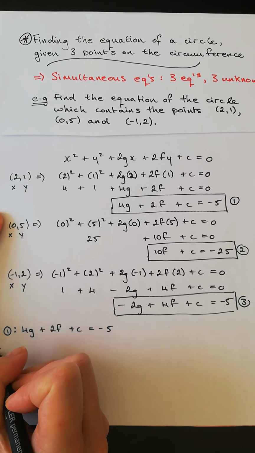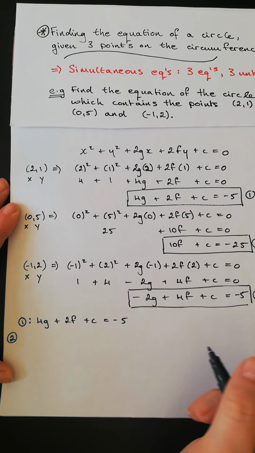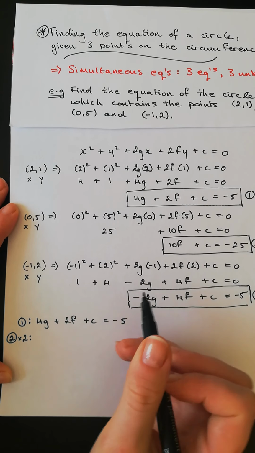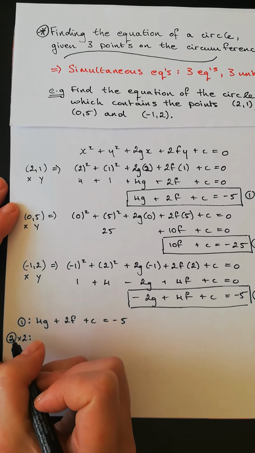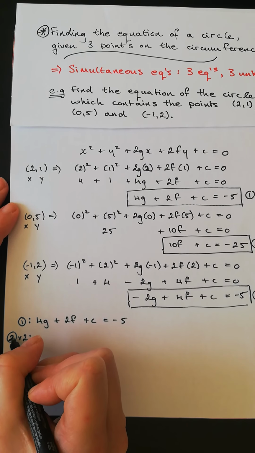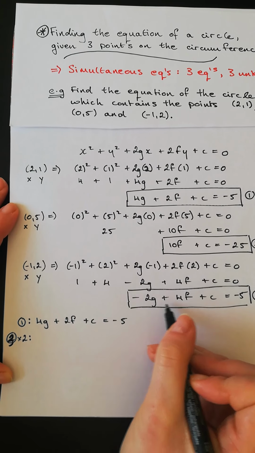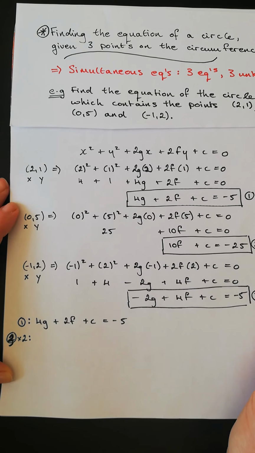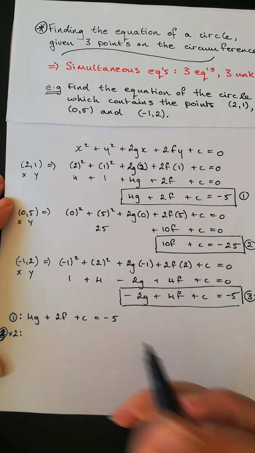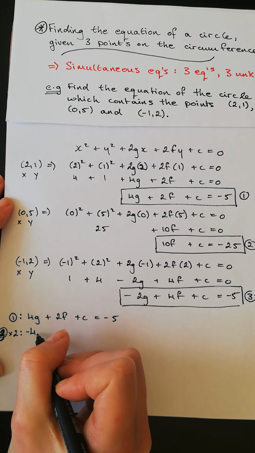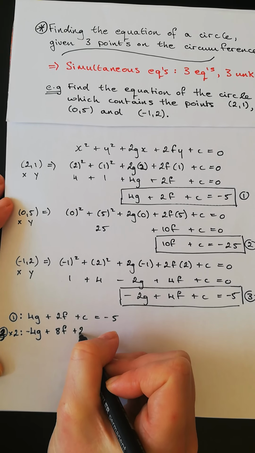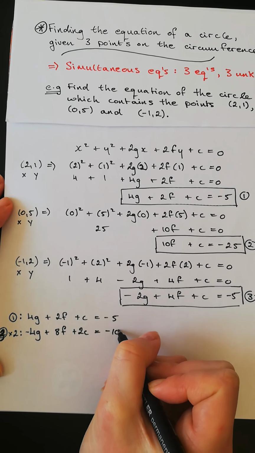Equation 3, I'm multiplying by 2. If I multiply the entire equation 3 by 2, I will get minus 4g plus 8f plus 2c equals minus 10.